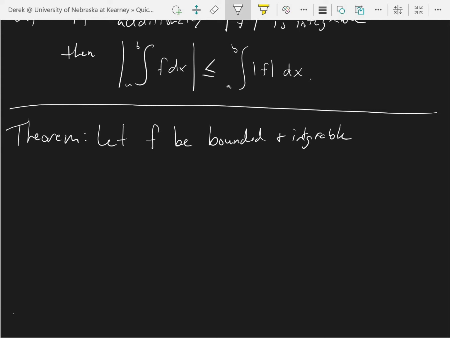The book makes the assumption that all integrable functions are bounded, or within the definition of integrable is bounded, and that's a fine assumption, but I want to explicitly state that it's bounded, because eventually we'll talk about improper integrals, and those are integrals that sometimes have functions that are not bounded on the interval from a to b.